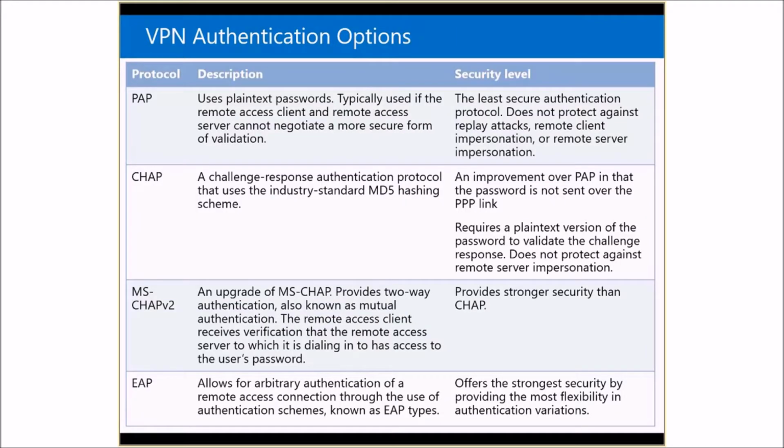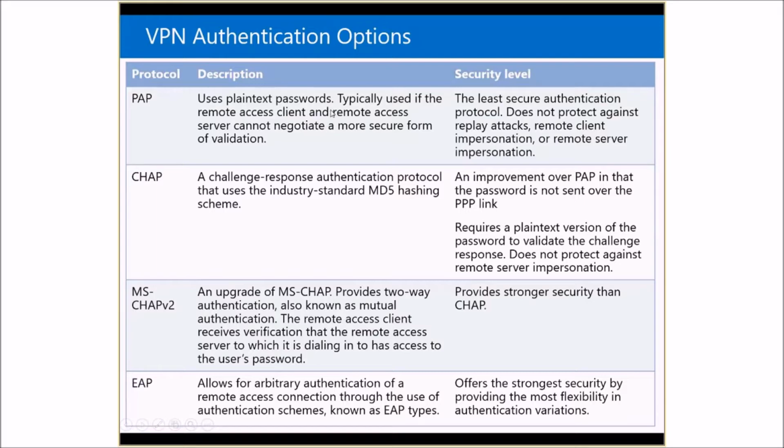Then there's the authentication options. We sort of mentioned this briefly last lesson when we talked about Network Policy Service. So basically, these are protocols for authenticating. There's PAP. So again, you need to know the advantages and disadvantages. PAP is the worst one of them all because it uses plain text passwords.